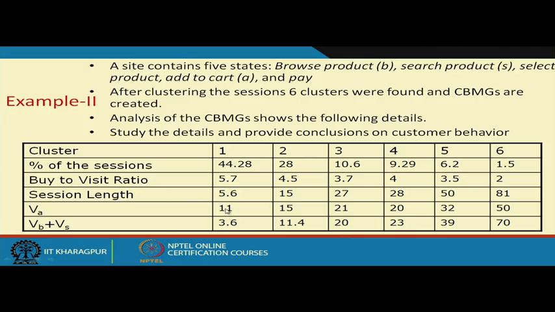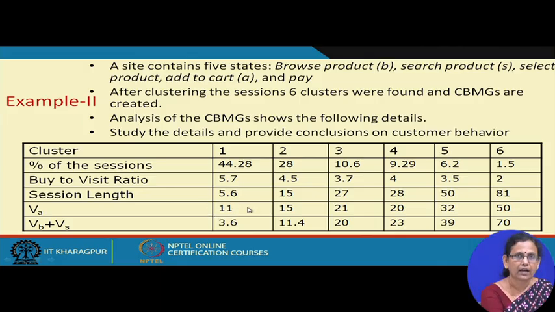Now, this tells you how many people have added products to the cart. VA is the add to cart. Here it is around 11. What is this V?